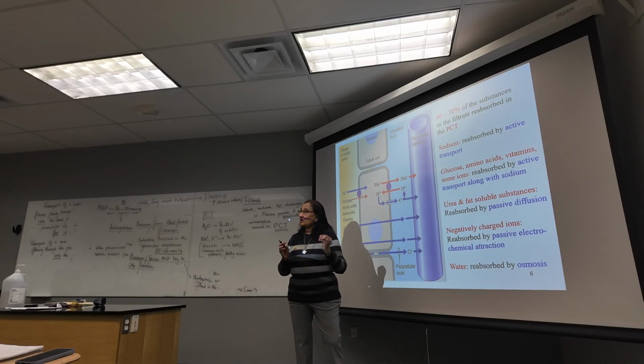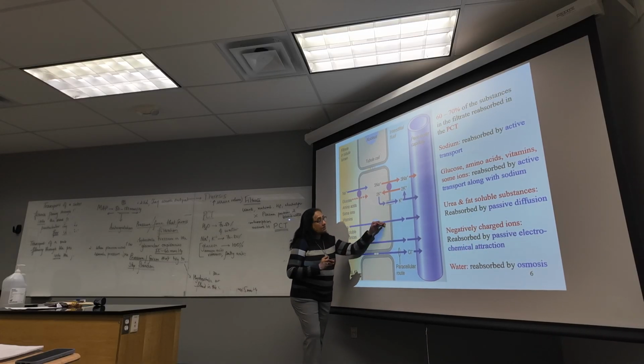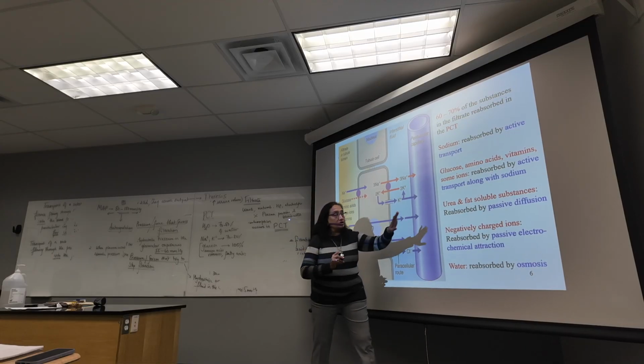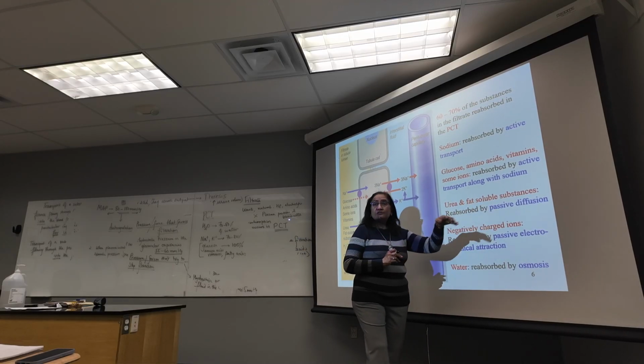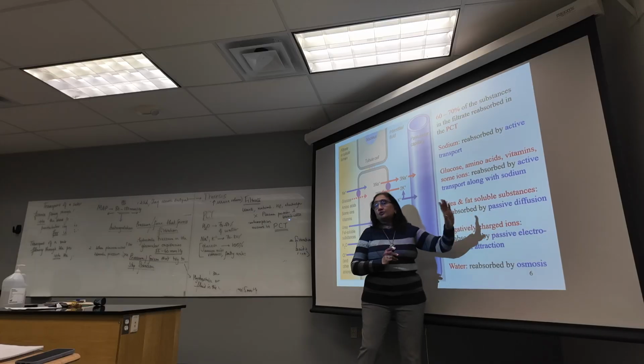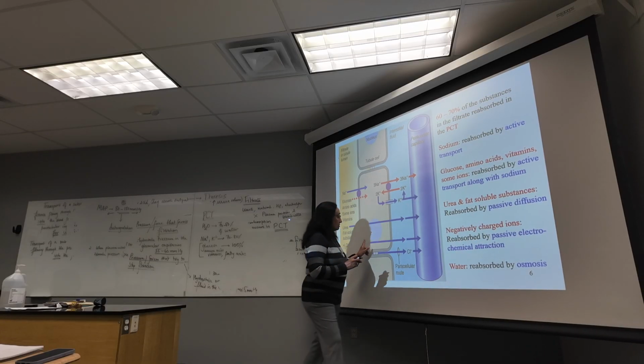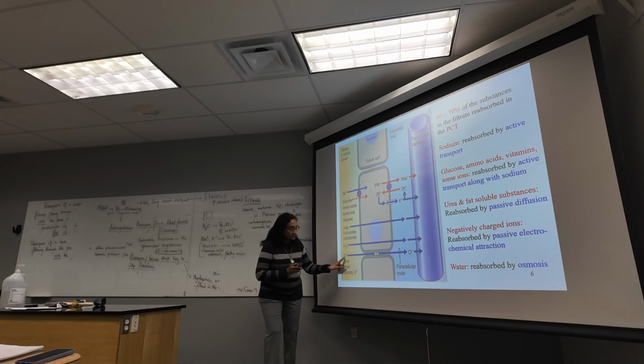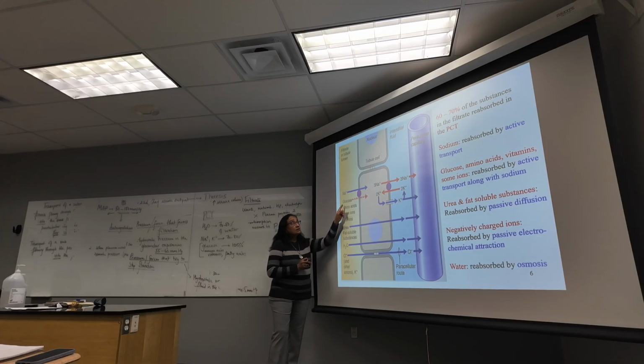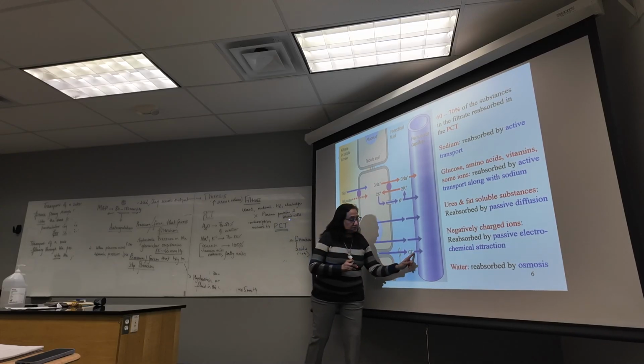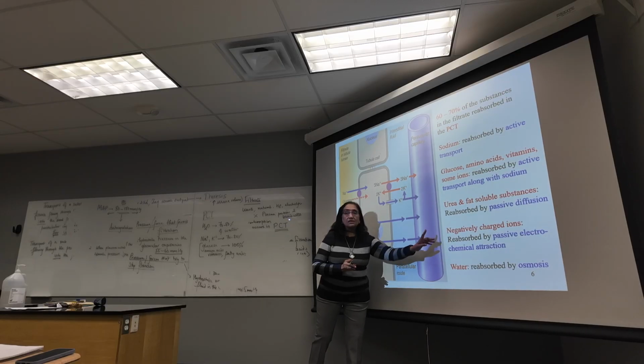Anything that is fat soluble can go through the cell membrane very easily. Urea is fat soluble. Fatty acids, passive diffusion. Negatively charged substances, chloride, follow positively charged substances. So chloride is by passive transport, electrochemical attraction.